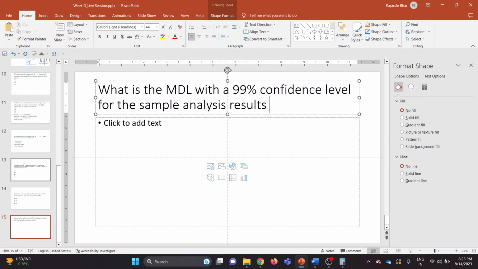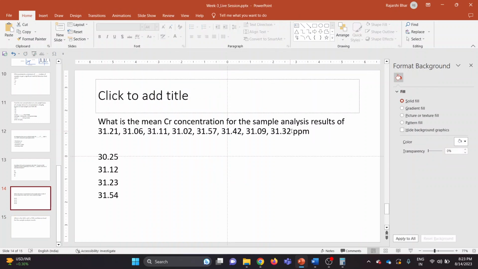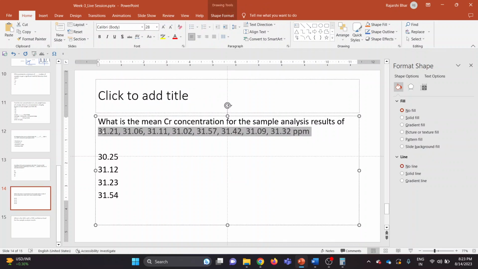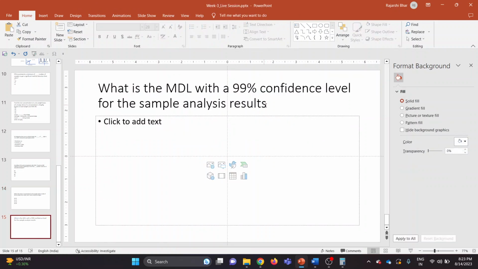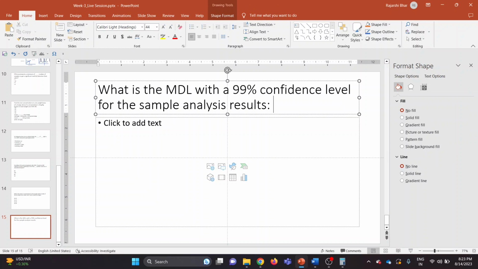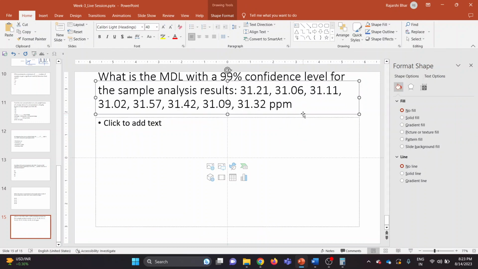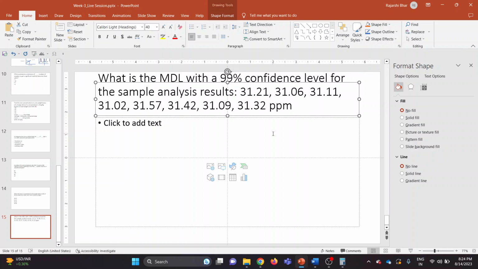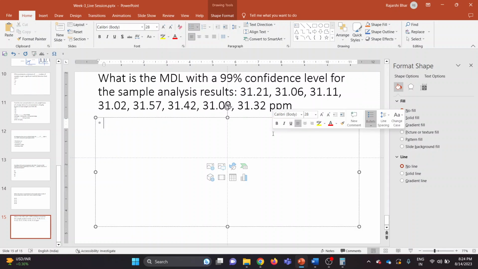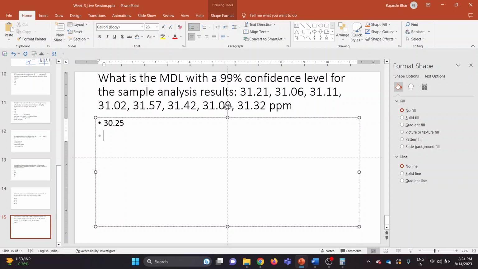Okay. And the data are the same. And these are the concentrations that you have been given. And your options are, these are the options.